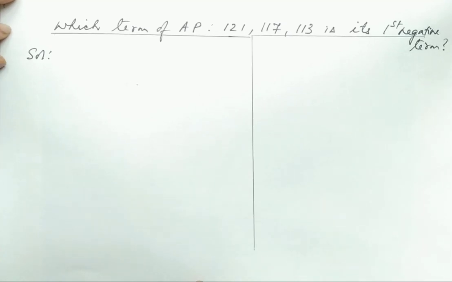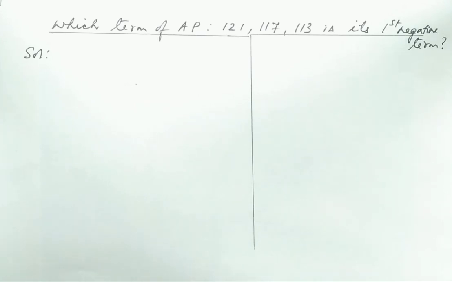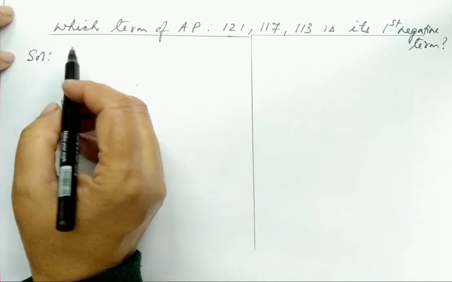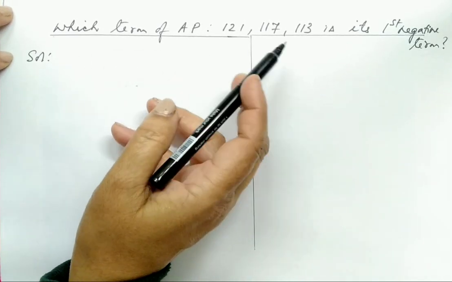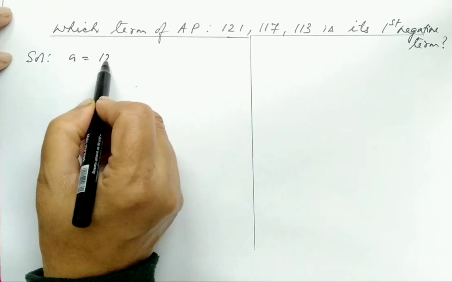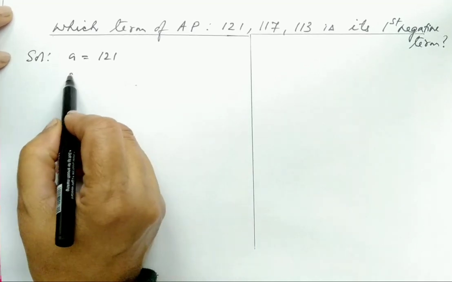Pay attention. This is very easy, but we have to know the way you deal with it. Primarily, when we start, we try and find out, from the given AP, what is our a? a is definitely 121. Now, what is d?